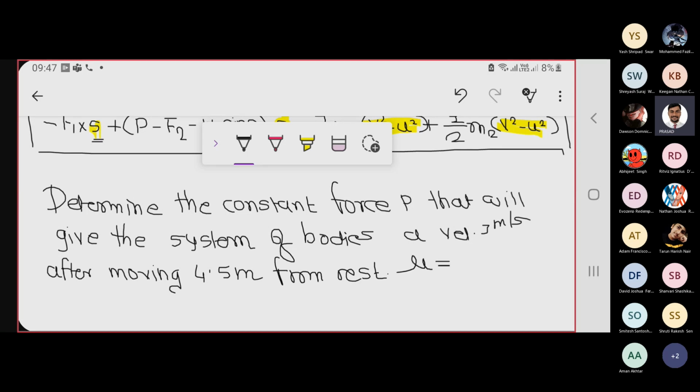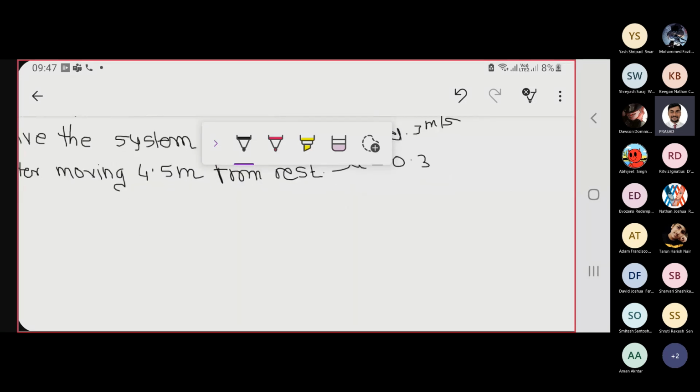Mu is given as 0.3. Okay, and they are saying pulleys are smooth. I will draw the diagram.